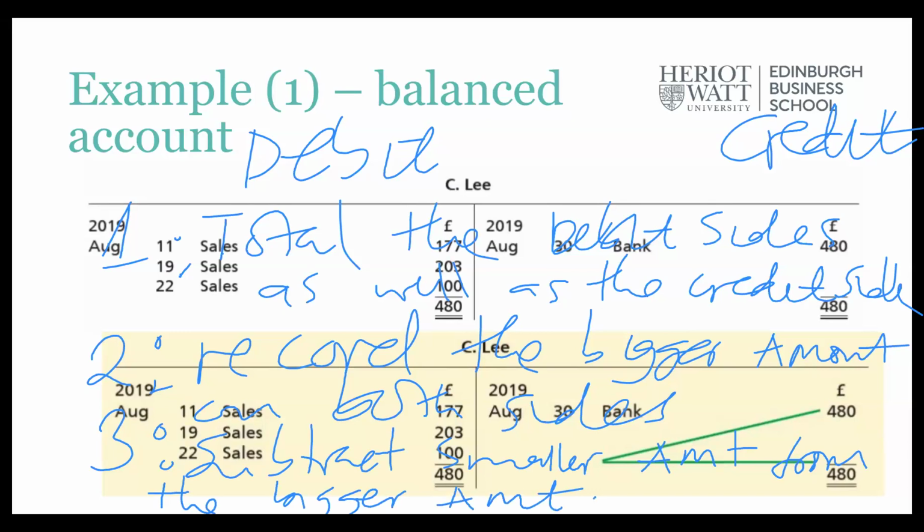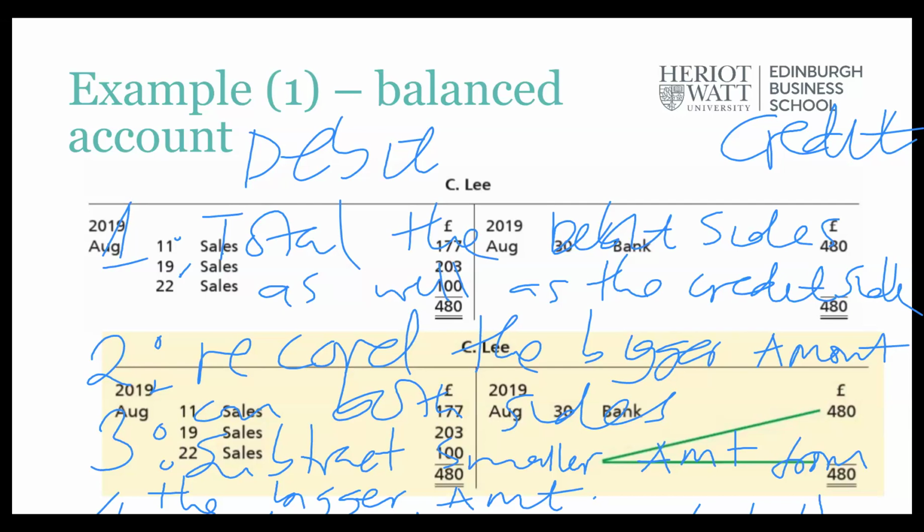When you take the difference, step 4: record the difference. Record the difference as balance carried down on the smaller amount side.